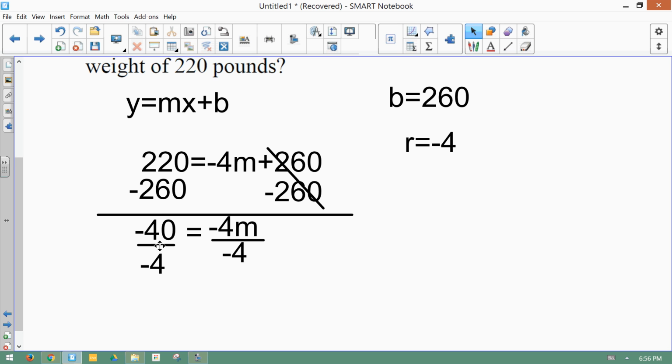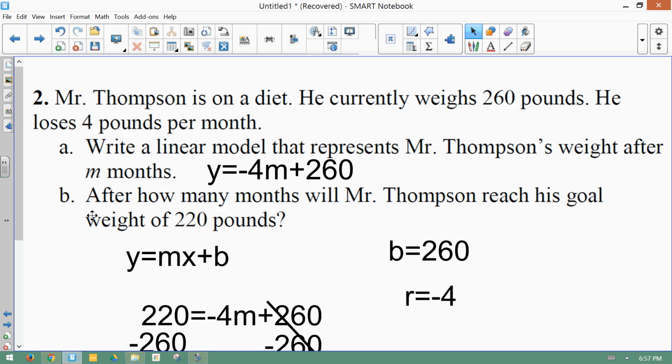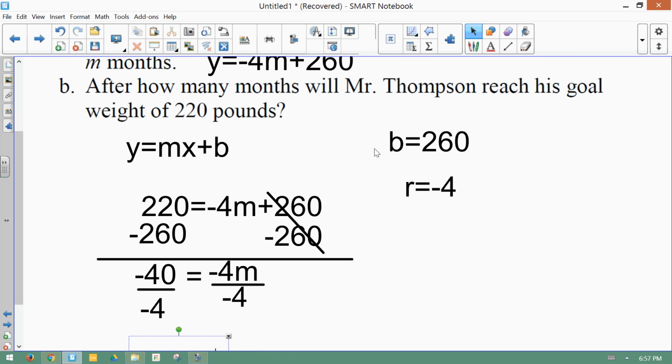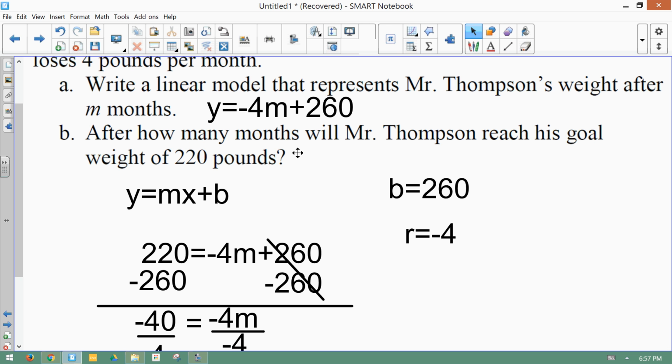And so that gives us 10 equals M. What does this mean? After how many months will Mr. Thompson reach his goal weight of 220 pounds? Looks like 10 months.